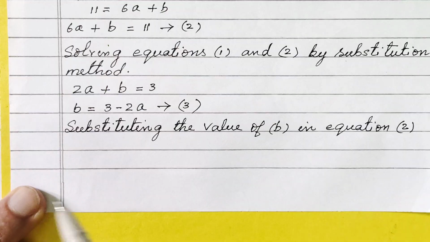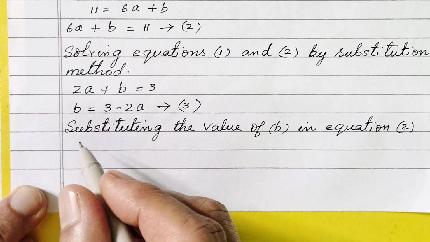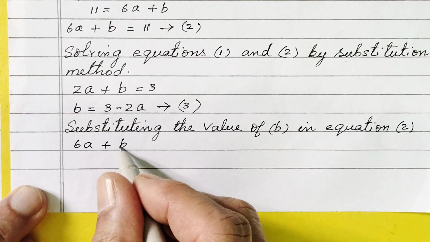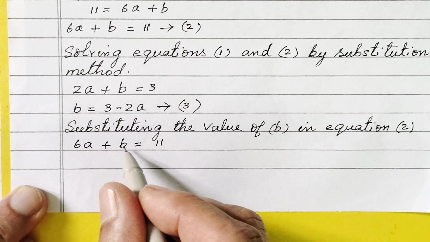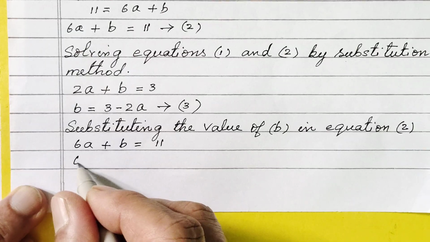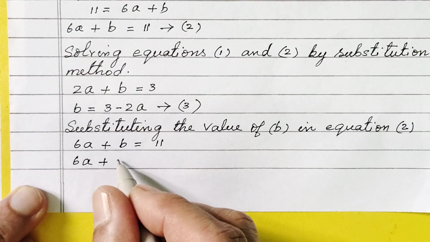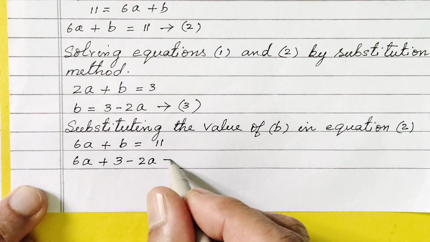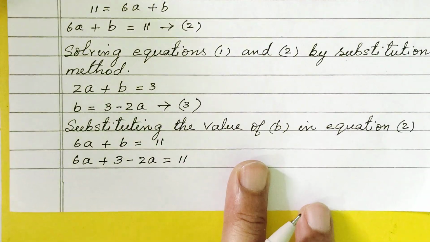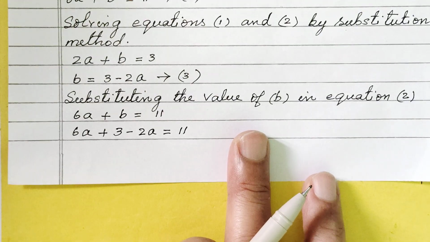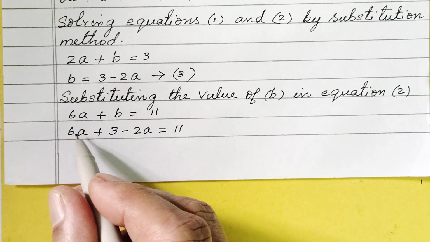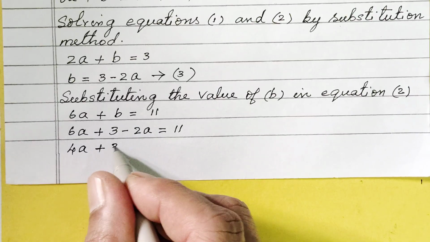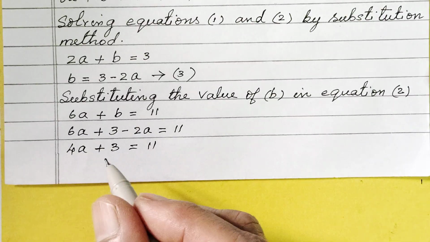So when we substitute, what will we get? The equation 2 is 6a plus b equal to 11. So instead of b, I would write 3 minus 2a. So 6a plus 3 minus 2a equal to 11. So here 6a minus 2a is 4a. 4a plus 3 equal to 11.